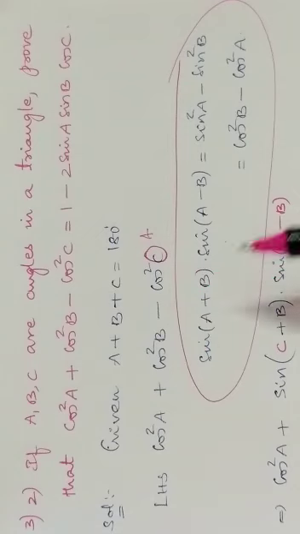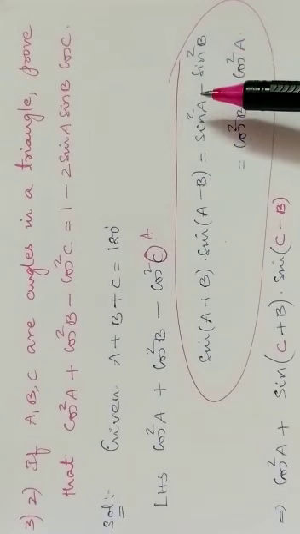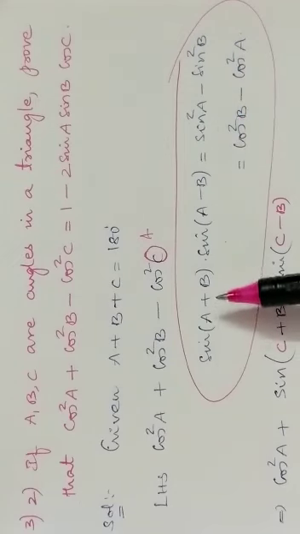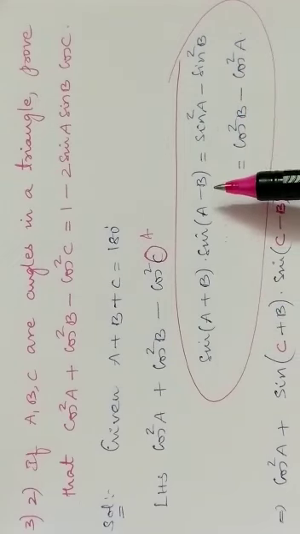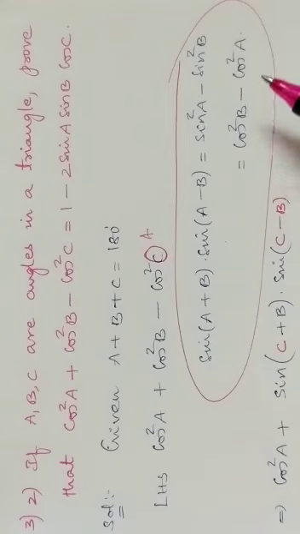I have written the formula having two sin square terms with minus or two cos square terms with minus. What is the formula? Sin A plus B into sin A minus B equal to sin square A minus sin square B, or cos square B minus cos square A. The problem is given in terms of cos, so you have to use this formula.